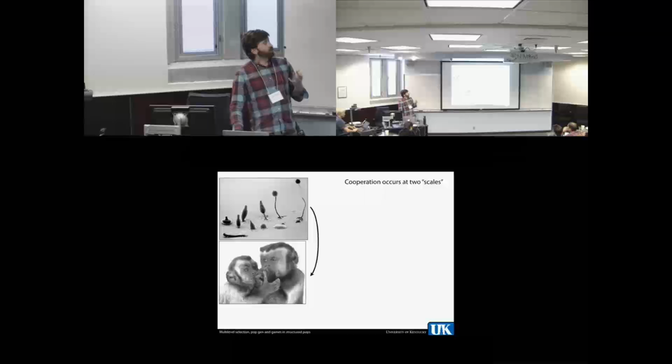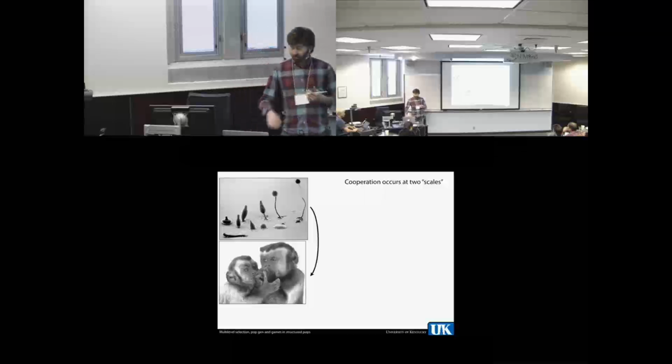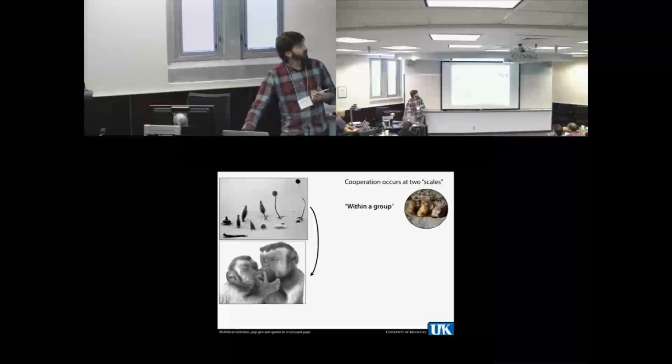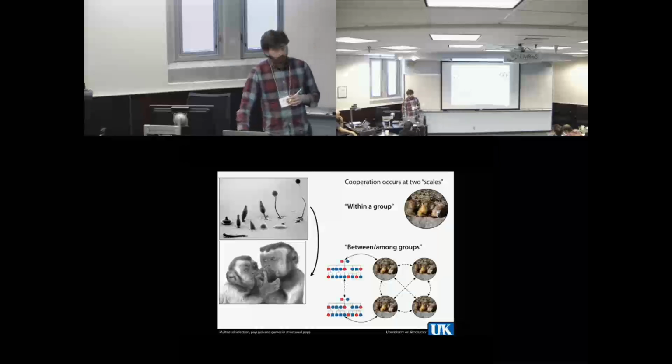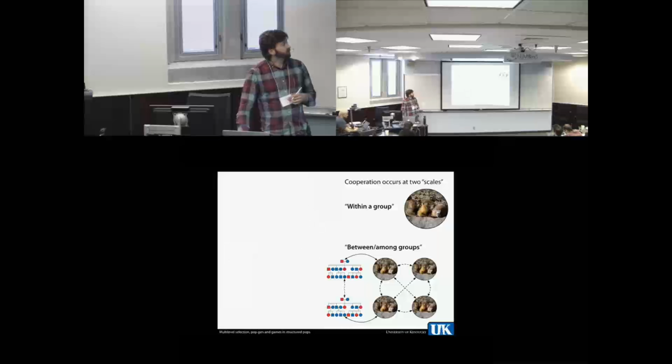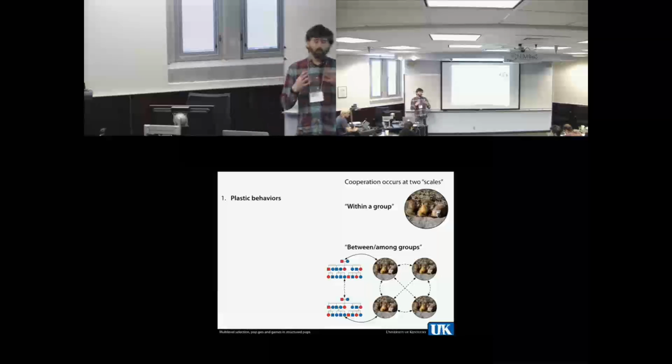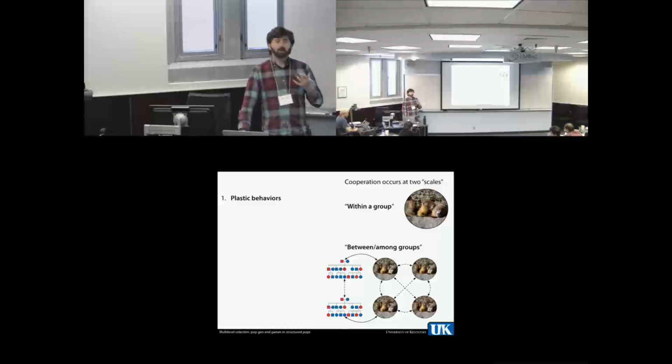When we think about cooperation happening at these different levels, it really happens on two different scales: within groups, and between groups. Within groups, the mechanism that can allow individuals to cooperate is that they can have plastic behaviors.